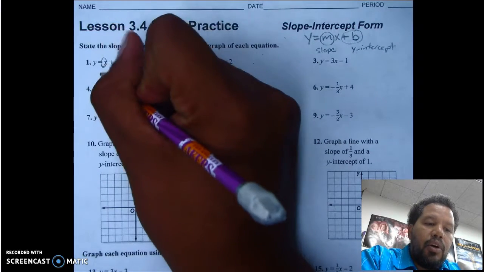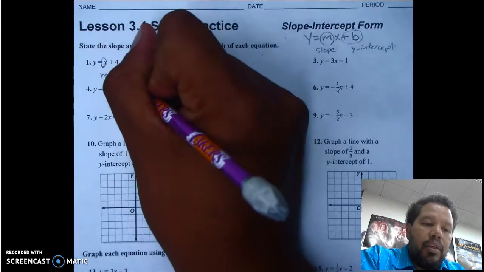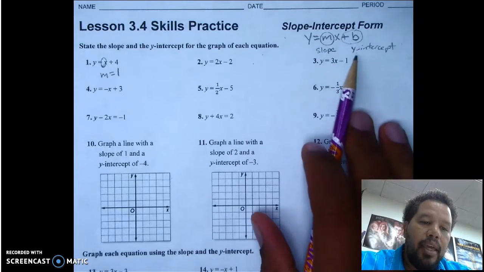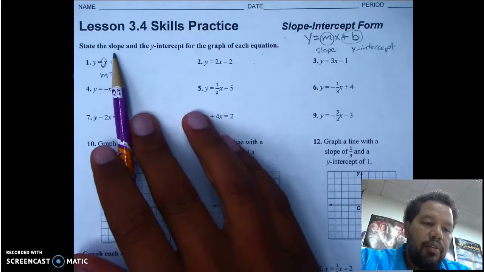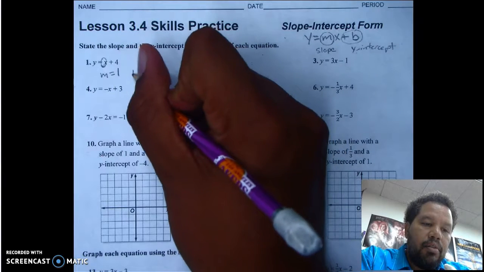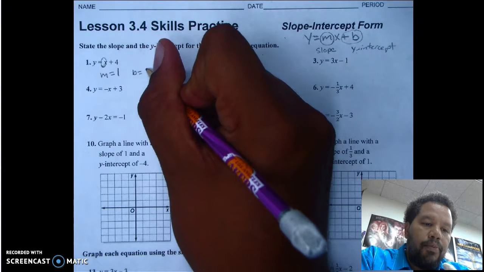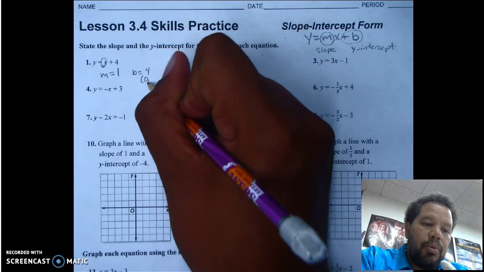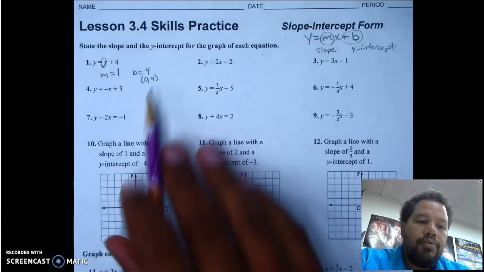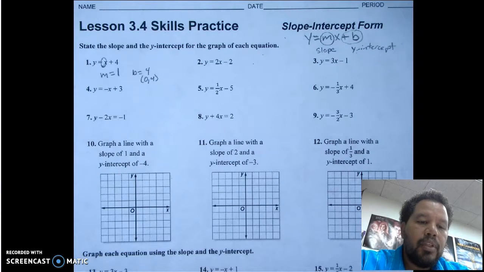So our slope, m, will be 1. And the y-intercept is what's being added, so our b would be 4. And it's an actual point, so we can write it as 4 or (0, 4), because that is our y-intercept.